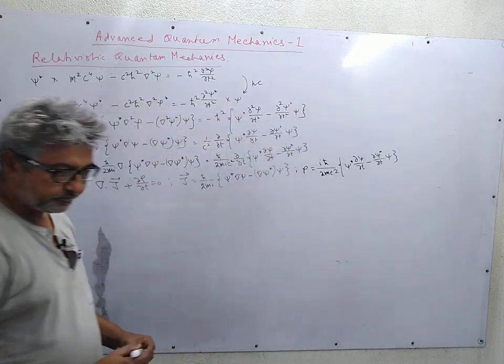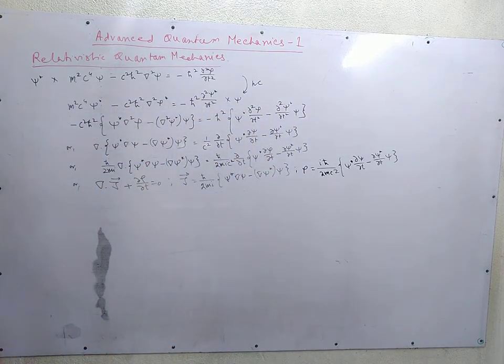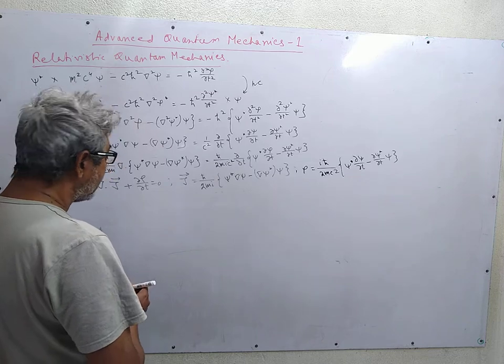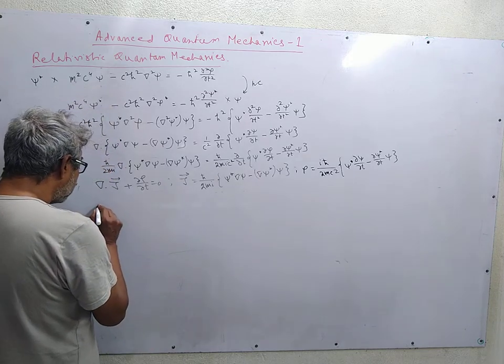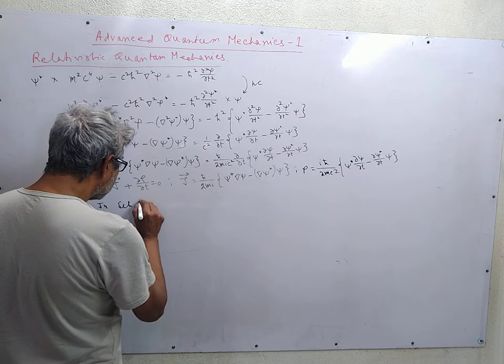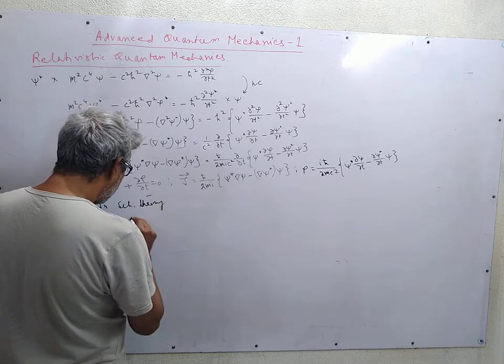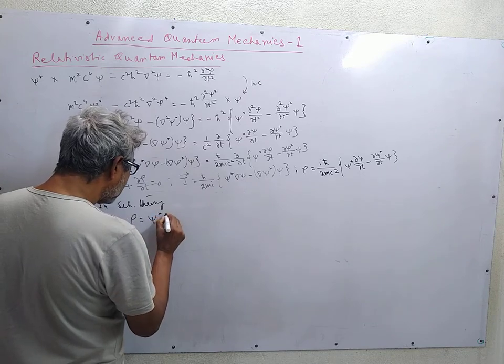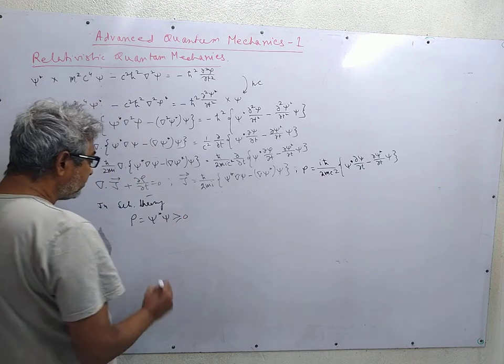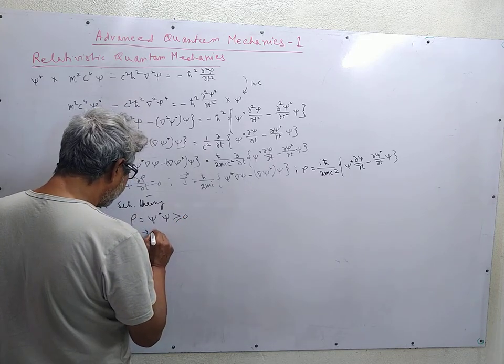You recall that in the case of non-relativistic theory, we argued as per Born interpretation that rho is equal to psi star psi, essentially a non-negative quantity. In Schrödinger's theory, rho is equal to psi star psi, greater than or equal to 0, and we interpret it as the probability density.